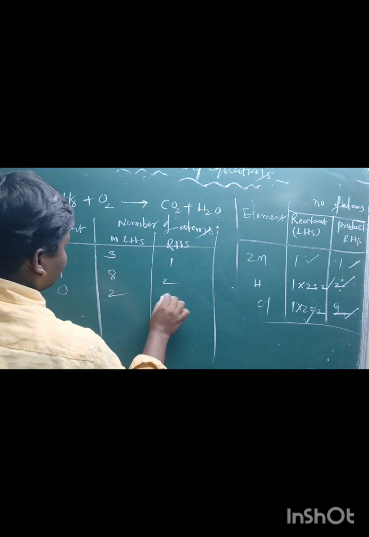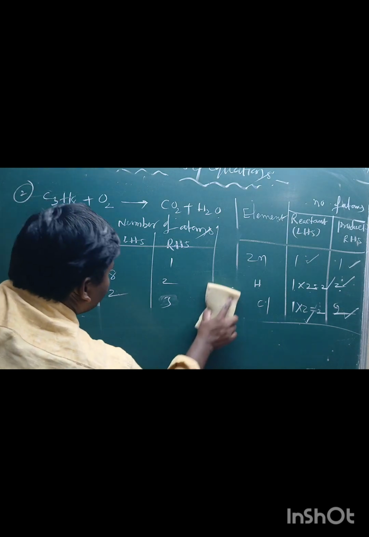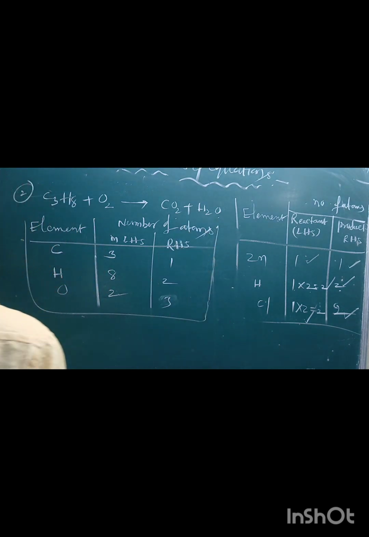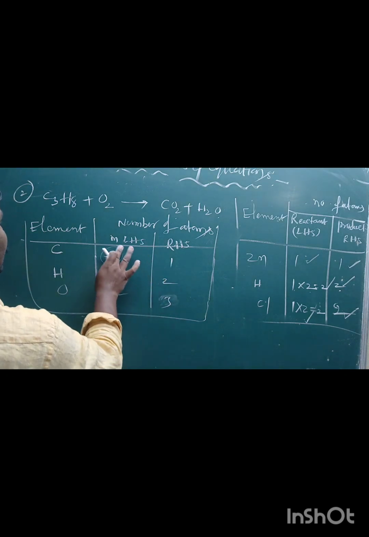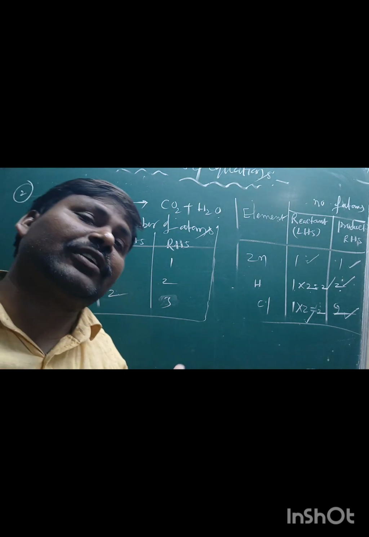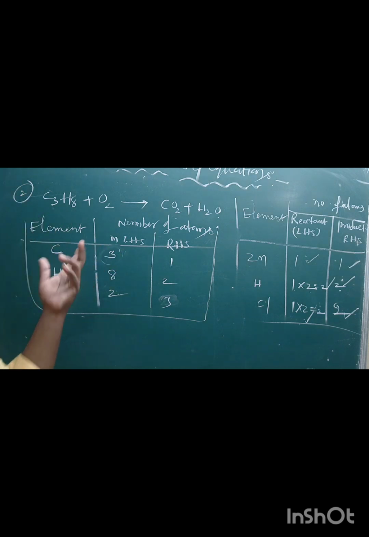Oxygen: 2 atoms, and 2 plus 1, 3 atoms. Which one is balanced? None, all are unbalanced. The reactant side atoms and product side atoms are not equal, so it is an unbalanced chemical equation.